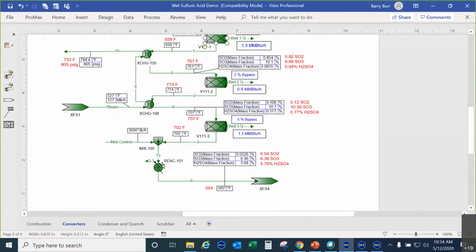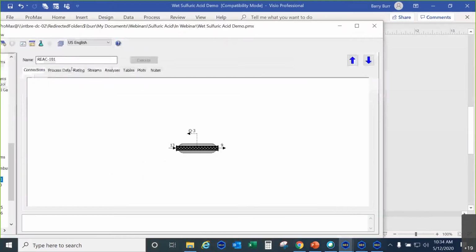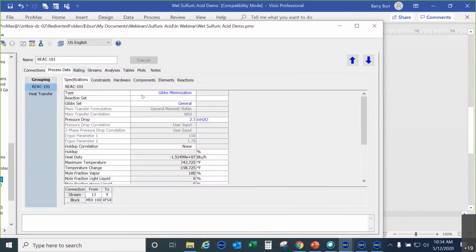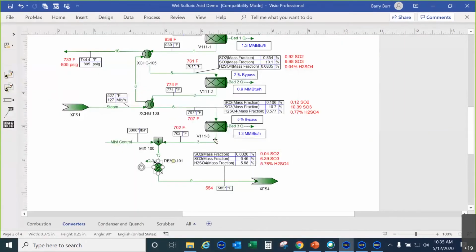We cool it. Also, this is a reactor, but it's not a catalytic reactor. It's only considering the components for the SO3 hydrolysis: the SO3, the H2SO4, and the water. But you see SO2 and oxygen are not selected. So as we're cooling the bed 3 outlet gas down, we are only creating sulfuric acid, but we're not converting any more SO2 to SO3.